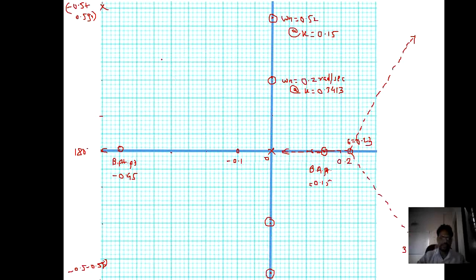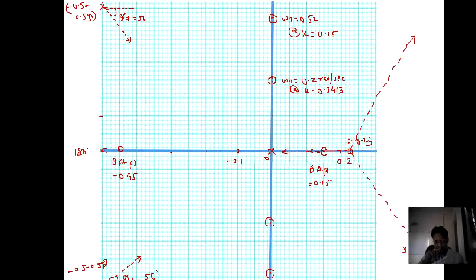Then phi d is minus 56, so this is the angle of phi d equal to 56 degrees.